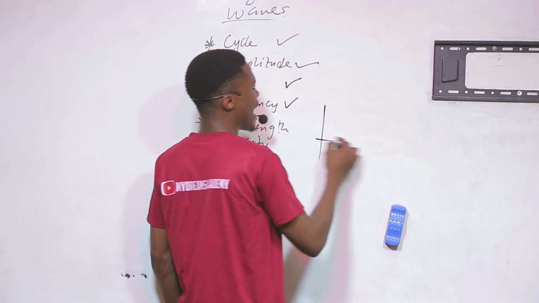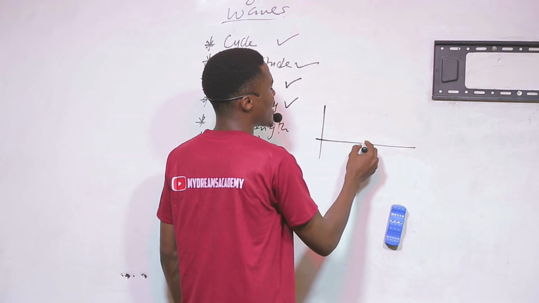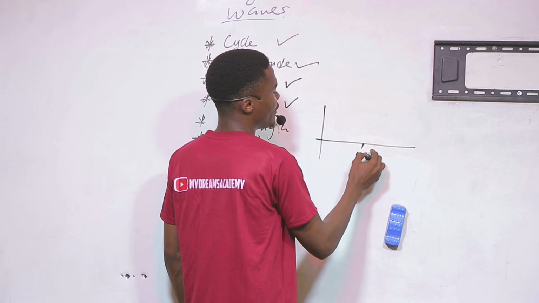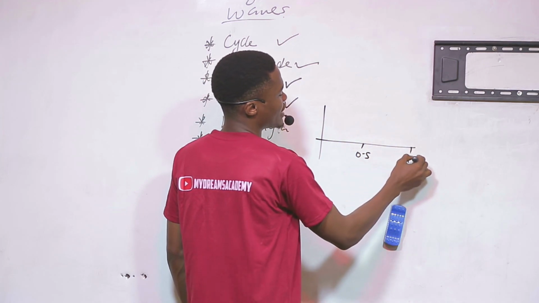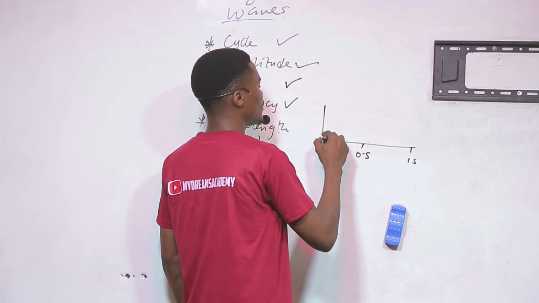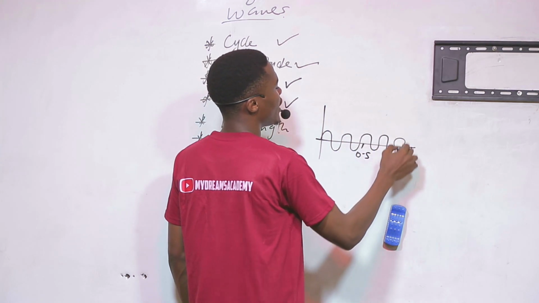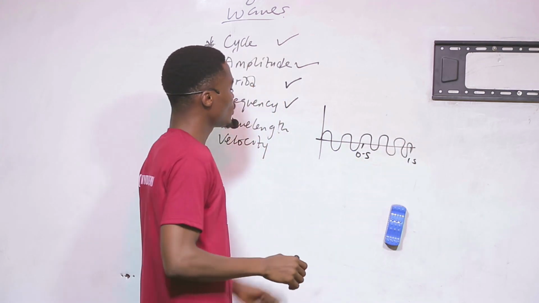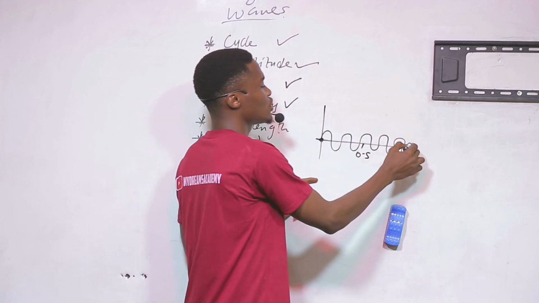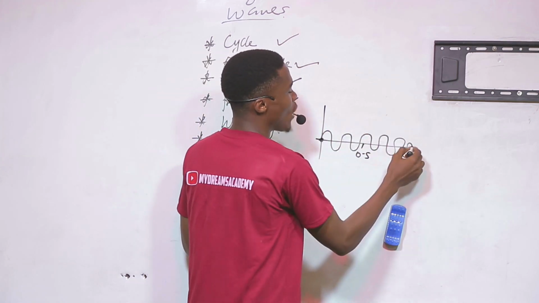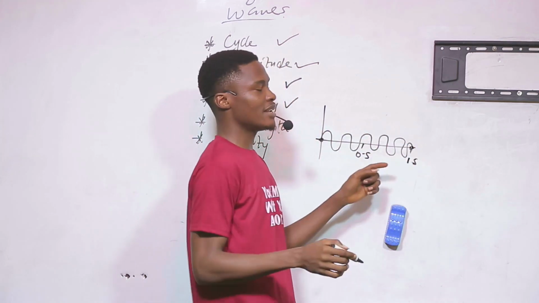So let's imagine we have a wave, and on our graph axis, let's say we have 0.5 seconds here and 1 second here. You see that from the start of the wave to this point is exactly 1 second, according to what my graph is telling me.